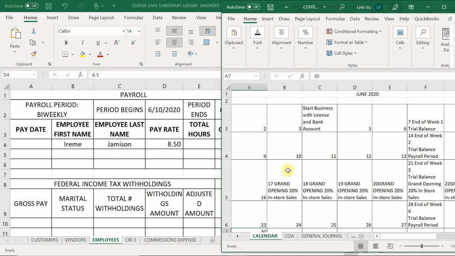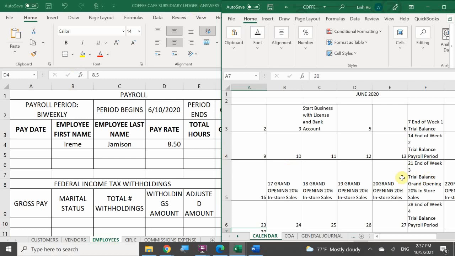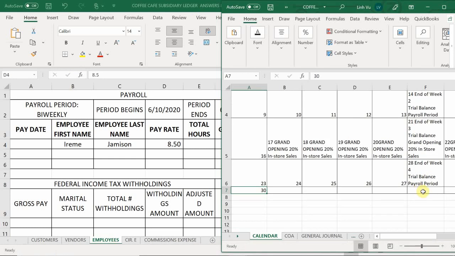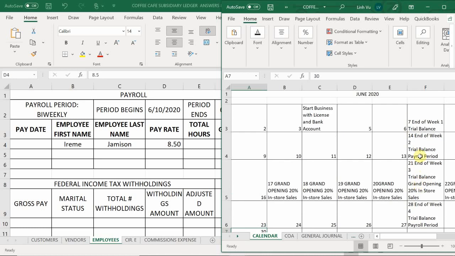So in this case, the pay date is when? Payroll is the 14th and the 28th. We have another payroll on the 28th.